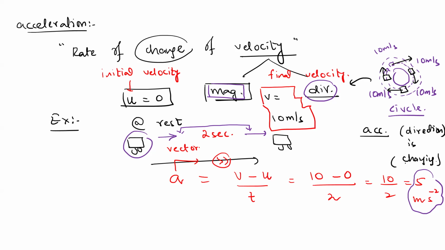Yeah. So let's imagine you're sitting in a car and that car has to turn in a circular path. For the time being, that car is traveling at the same speed. It is neither increasing nor decreasing its speed.